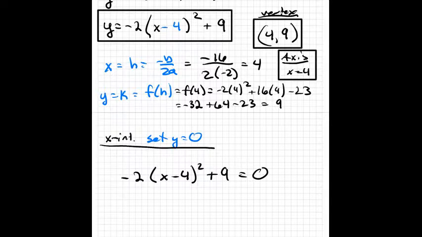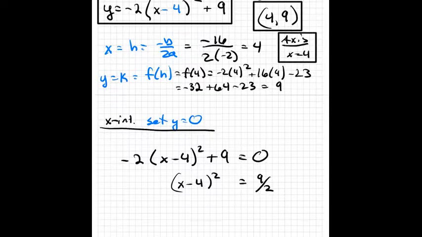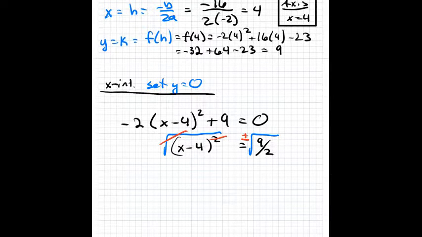All right, so if we subtract 9 on both sides and divide by negative 2, we're going to have (x minus 4) squared equals 9 over 2. Then we take the square root on both sides. To take the square root, we do plus or minus. This cancels this. Whenever we do square root, we have to introduce that plus or minus. Then we're going to have x minus 4. So we're going to need to rationalize.